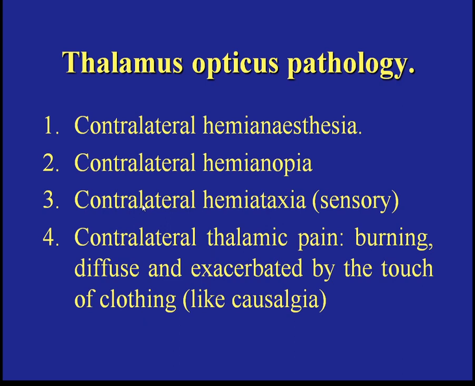So, in case of thalamus opticus pathology, we have three hemi symptoms: contralateral hemianesthesia, contralateral hemianopia, a loss of contralateral visual fields, and contralateral hemiataxia, sensory, you see. Also patients can have contralateral thalamic pain, burning, diffuse, and exacerbated by the touch of clothing.